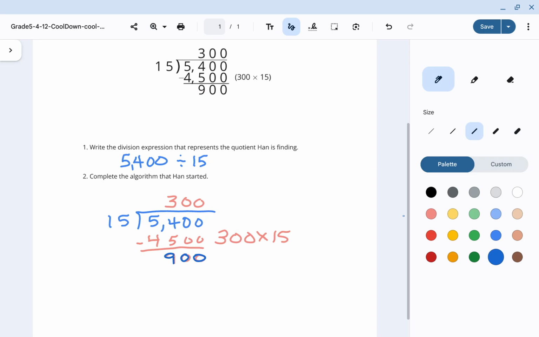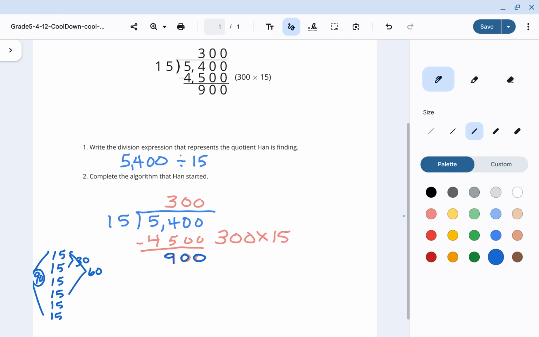So we want to ask ourselves, how many groups of 15 can we get from 900? Well, I know that 15 plus 15 would be 30. I know that 4 groups of 15 give me 60. If I do 2 more groups of 15, I have 90.